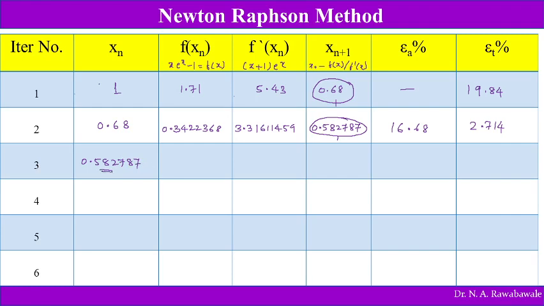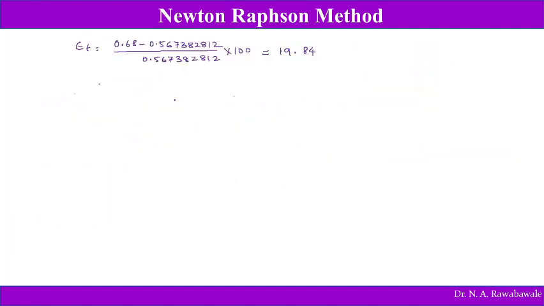On substitution of this value of x in this function, f of x is equal to x e to the power of x minus 1, we take x as 0.582787. So f of 0.582787 is 0.582787 into e to the power of 0.582787 minus 1.